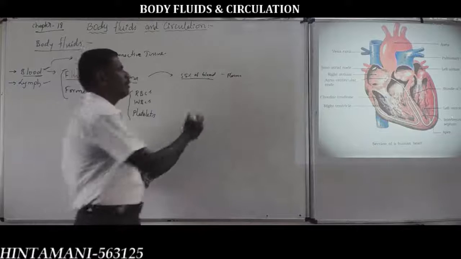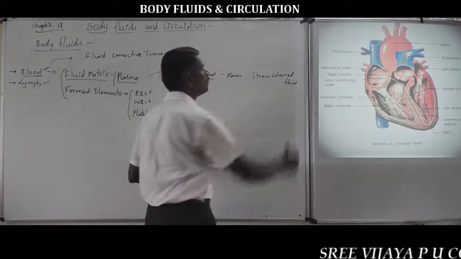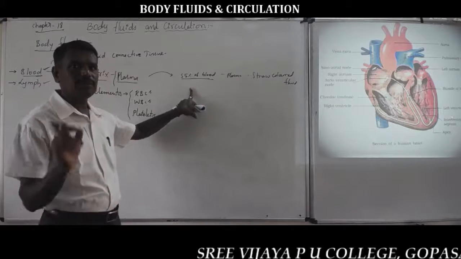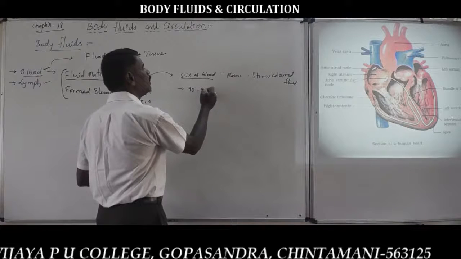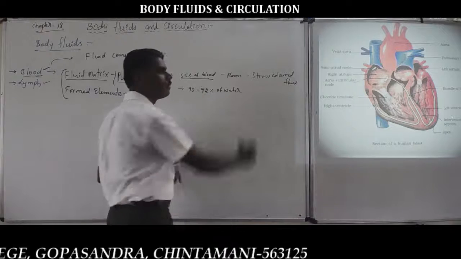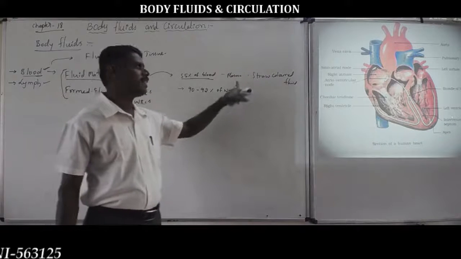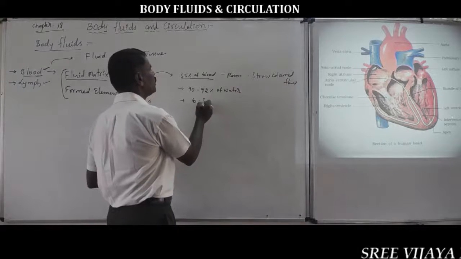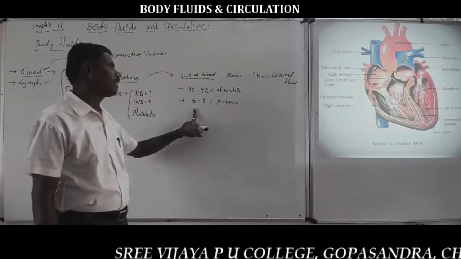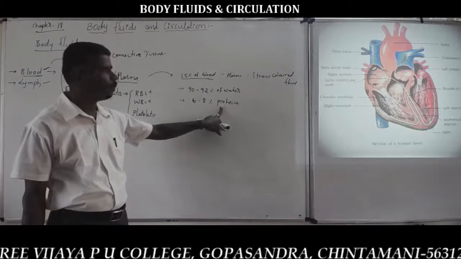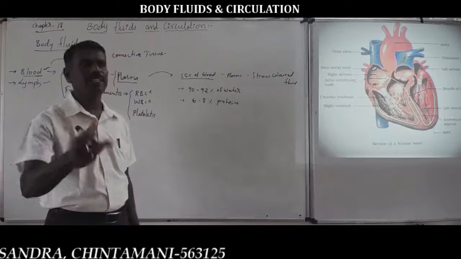The plasma is a straw-colored fluid, straw being a little dry-grass colored. It consists of nearly 90 to 92% water, and 6 to 8% proteins. This is very important for CET and NEET. There must be more than 90% water, because plasma is fluid in nature.